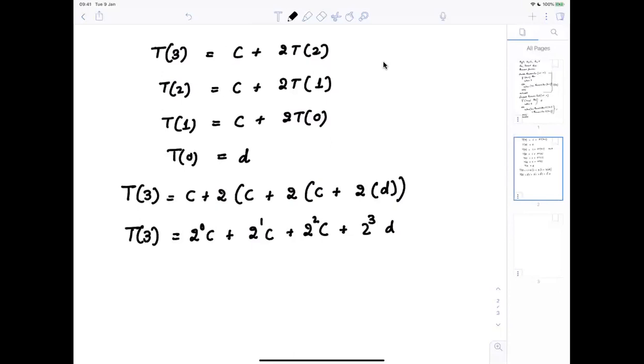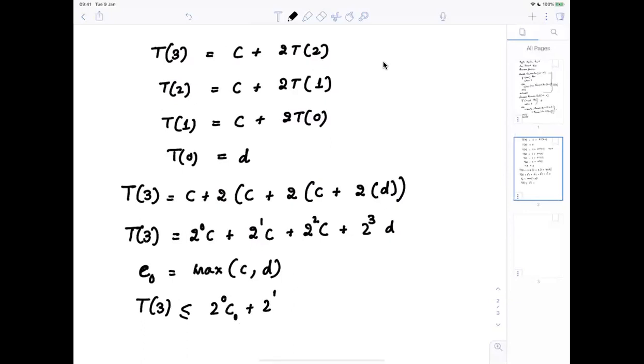And let us say I take some c naught equal to max of c comma d. Then I can write t of 3 is less than or equal to 2 to the power of 0 c naught plus 2 to the power of 1 c naught plus 2 to the power of 2 c naught plus 2 to the power of 3 c naught.